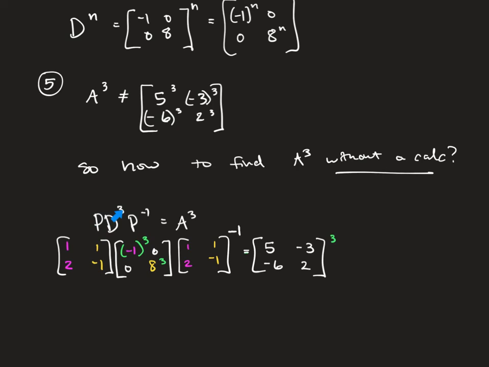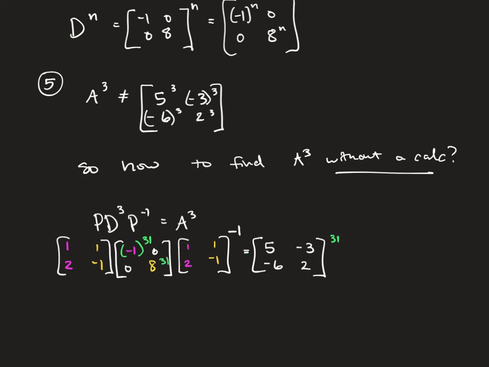You'd say P D cubed P inverse. So these are the eigenvectors with their eigenvalues for this matrix, and then this is just the inverse of this matrix. This will equal this. And what's more important, because 3 is really not that exciting, if this was like 31, this is still true. Okay?